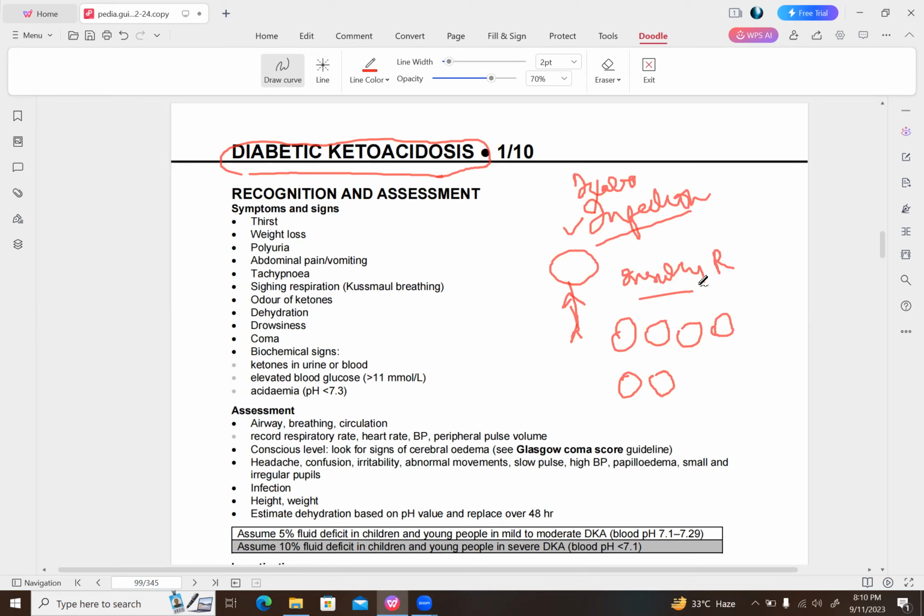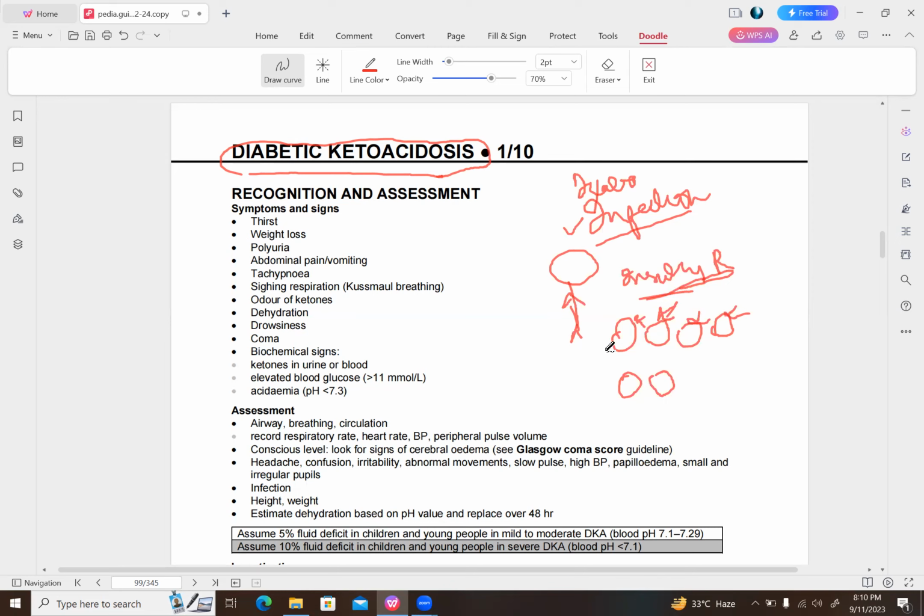So if insulin resistance develops secondary to infection or stressful conditions in a diabetic child, then the glucose is unable to enter into the cell, and cells cannot utilize this glucose for energy production.